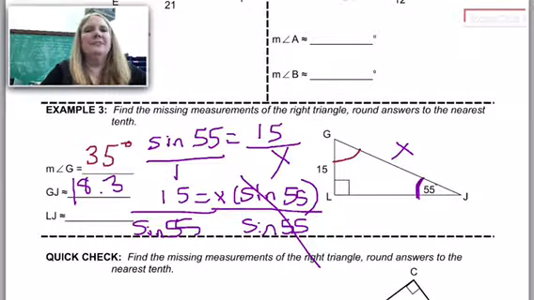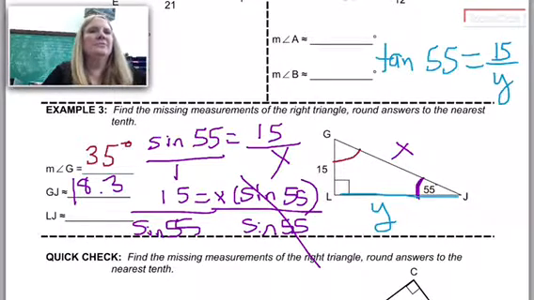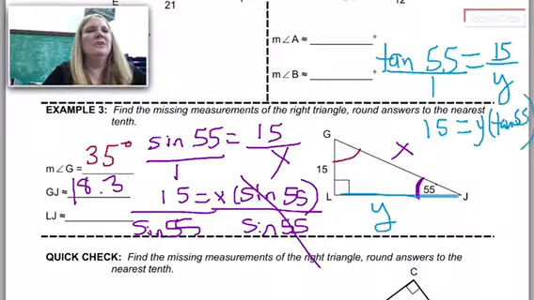All right, then LJ, just use a different color. LJ is right here. I'll just call that Y. And I think I'll use tangent. The tangent of 55 equals 15 over Y. 15 equals Y times the tangent of 55.